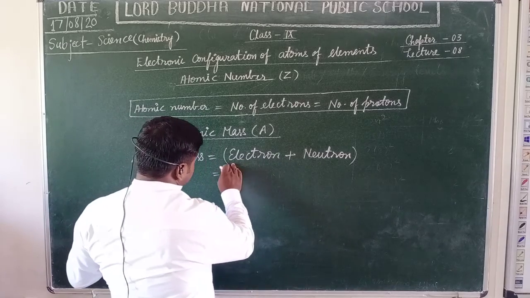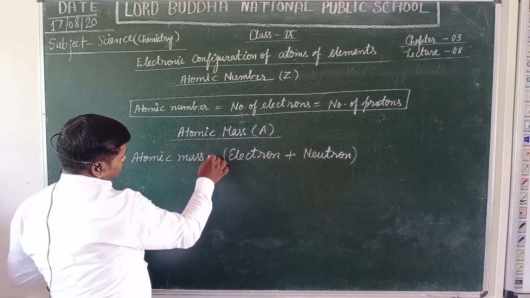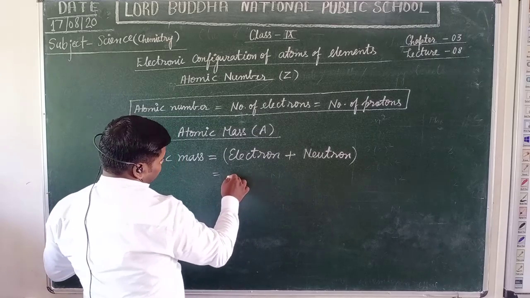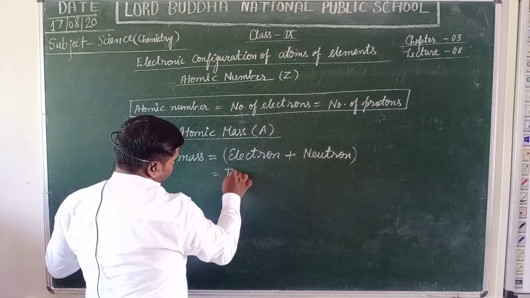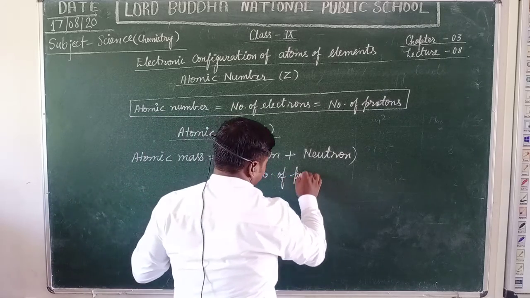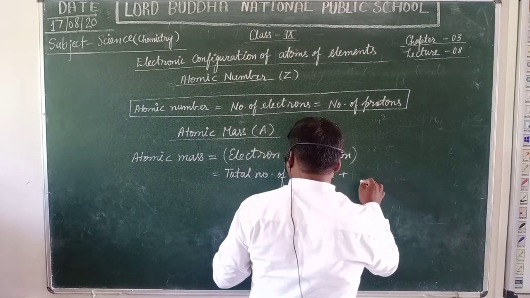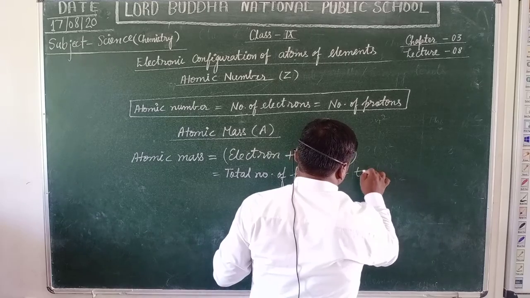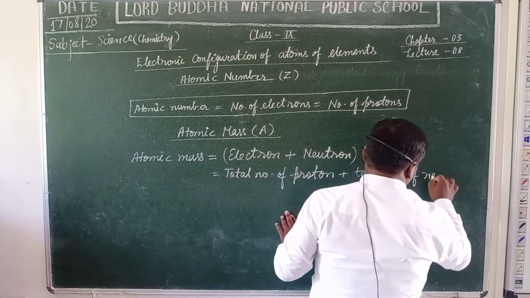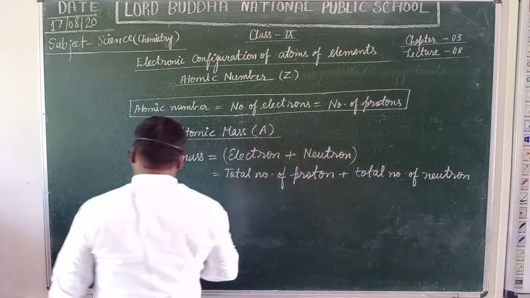Because the number of electrons and protons in an atom is equal, atomic mass may also be defined as the total number of protons plus the total number of neutrons present in an atom.